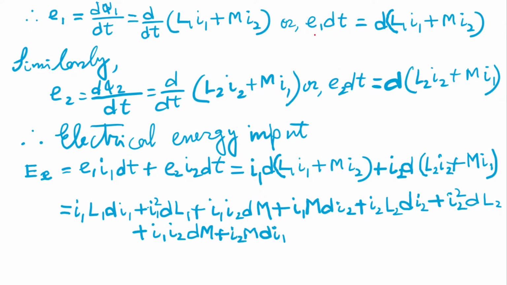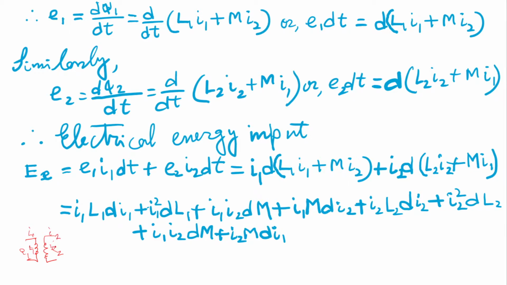So that is voltage into time. If the total electrical energy input in both coils is required, this is one coil and that is the other coil. Here E1, here E2, here I1, here I2.